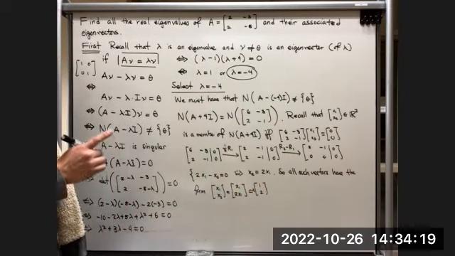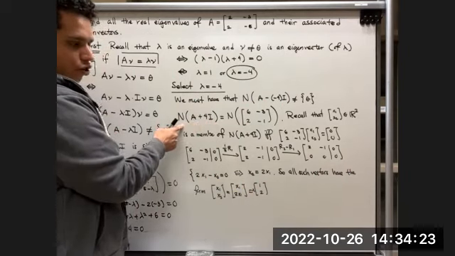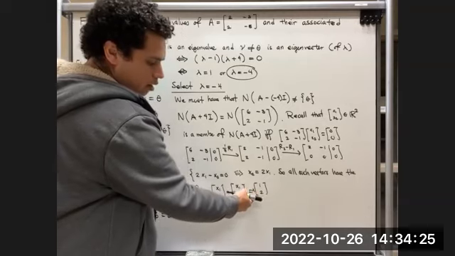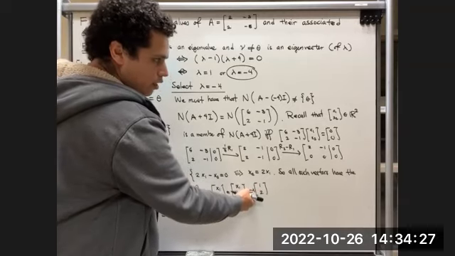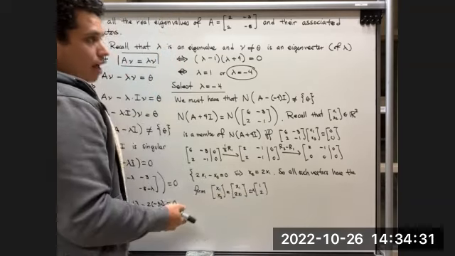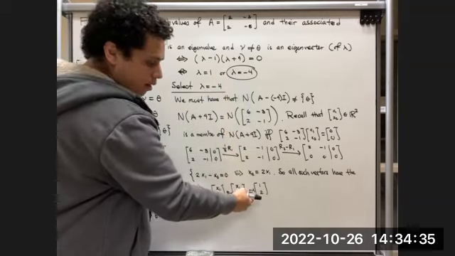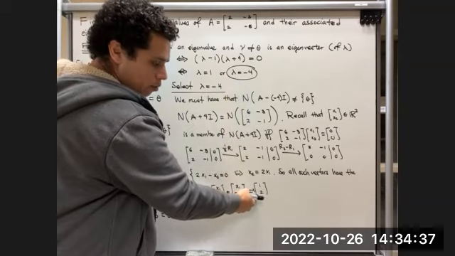So every single member of this collection can be written as just a scalar multiple of this. That means that the eigenvectors associated with this eigenvalue are nothing else but the non-zero scalar multiples of this.